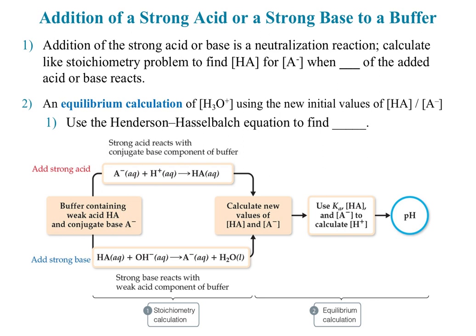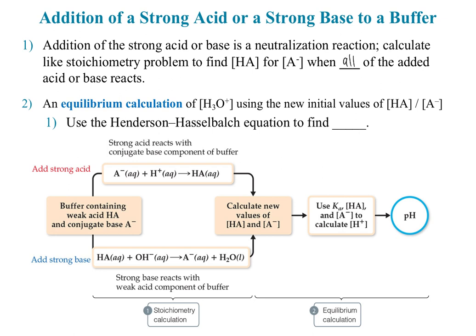So in general, when you have a buffer, it's going to neutralize some acid or base. The step is to take your strong acid or base and neutralize it. We want to do this in moles, and we want to react all of our acid or base that needs to react.